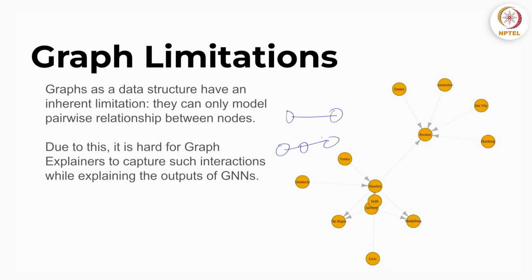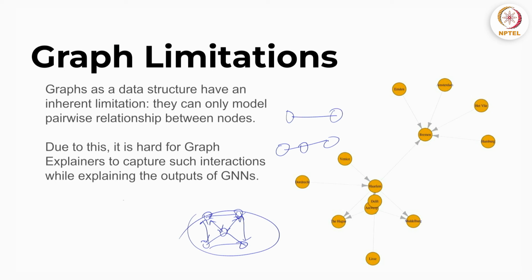So what this leads to is, when you have a structure like this, any graph neural network will only be able to model these interactions individually. It won't be modeling this whole big interaction as a whole.